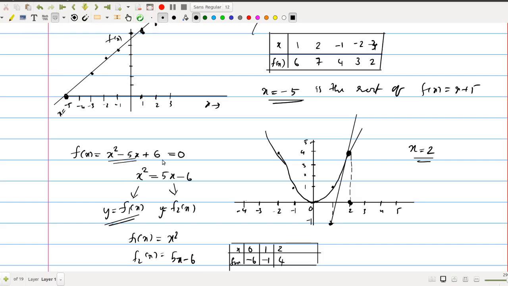Okay, so this is the idea. We obtain the root of this equation. When you put x equal to 2 here, then we have 2 square, that is 4, 4 minus 10, that is minus 6 plus 6, that is equal to 0. Okay, so this is one way of getting one root of this equation.